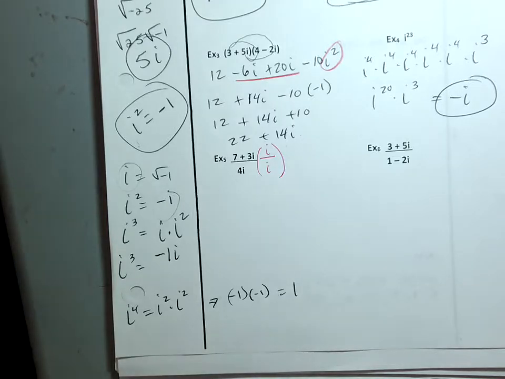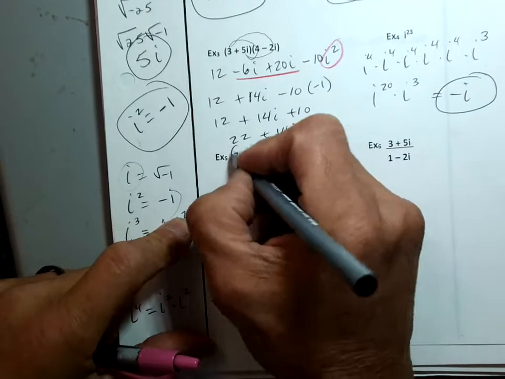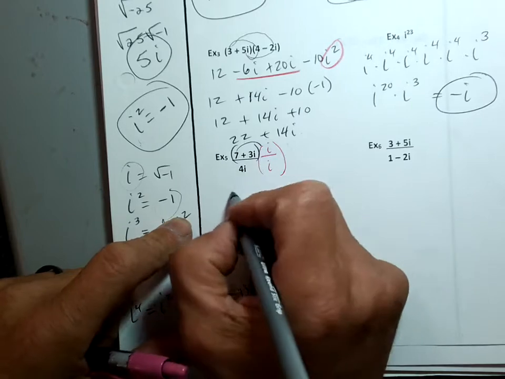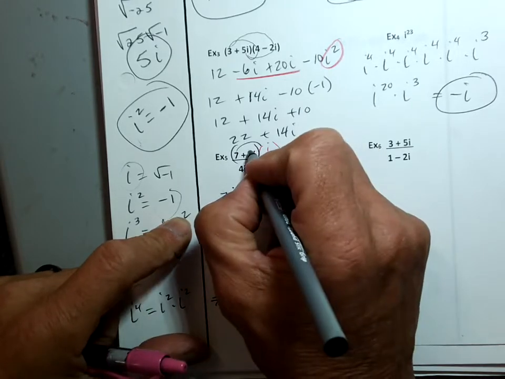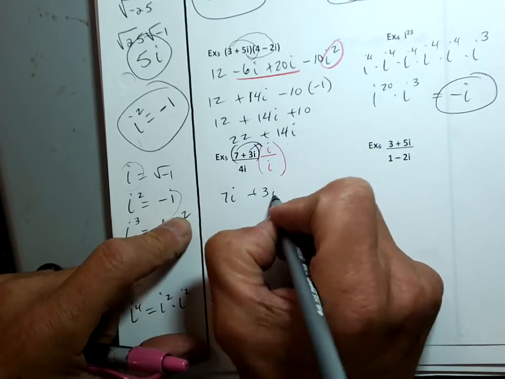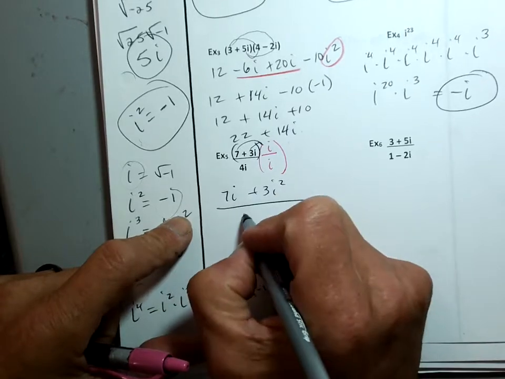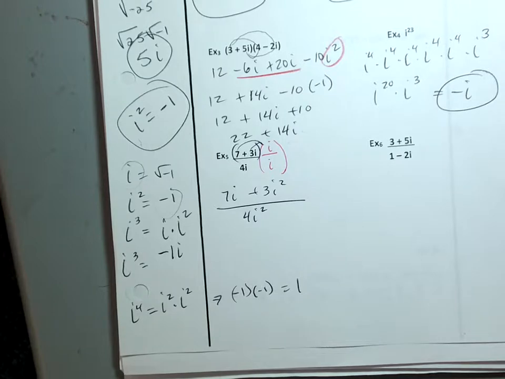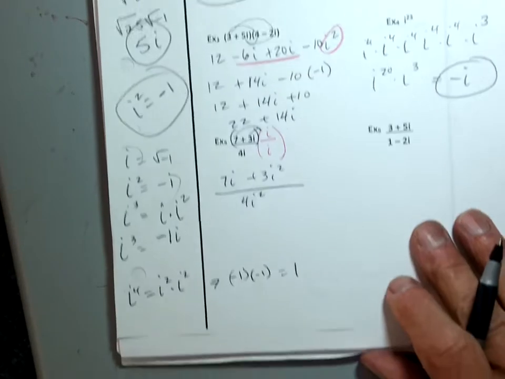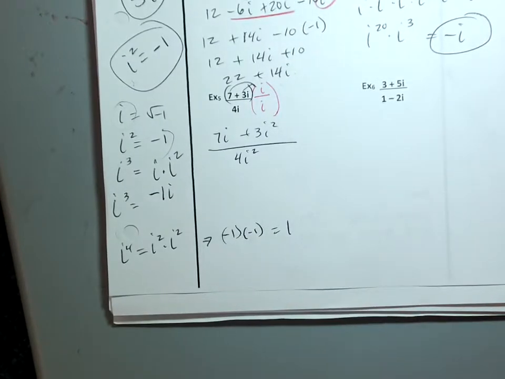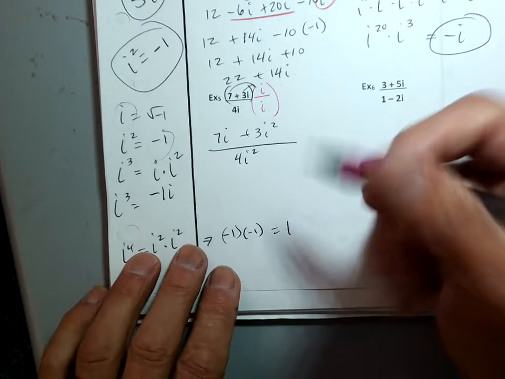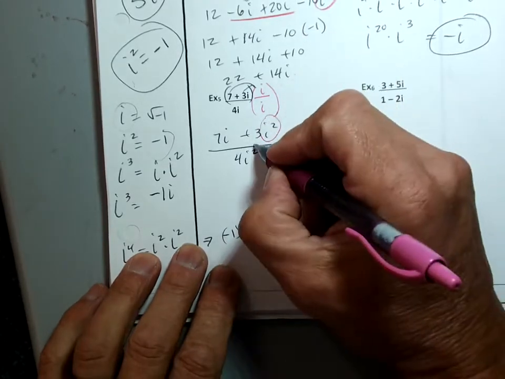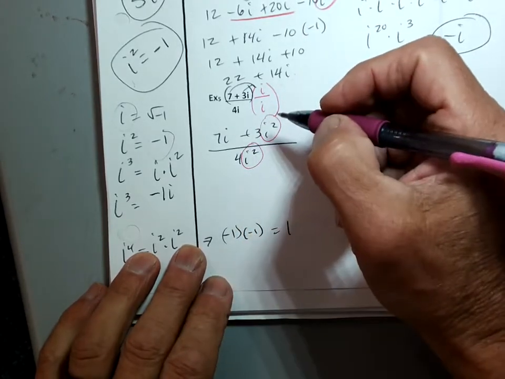So let's do this. I'm going to wind up with a 7i plus a 3i squared over a 4i squared. Did you follow that? I see some i squareds, which is the number -1. So I'm going to rewrite this as a -1 and a -1, because i squared is -1.